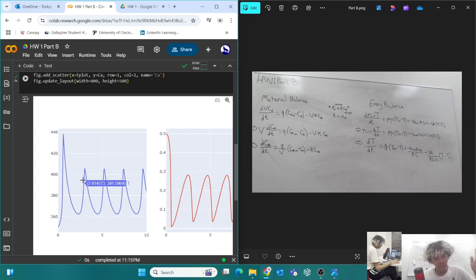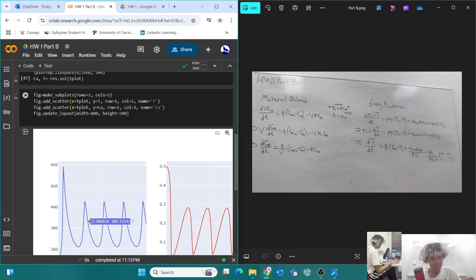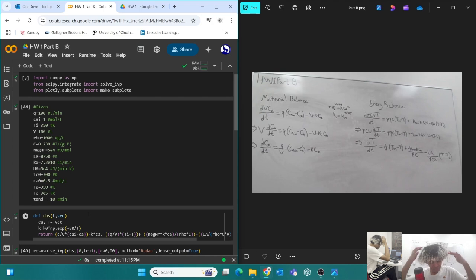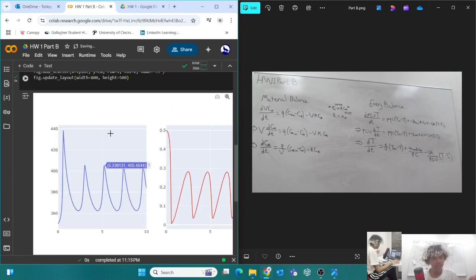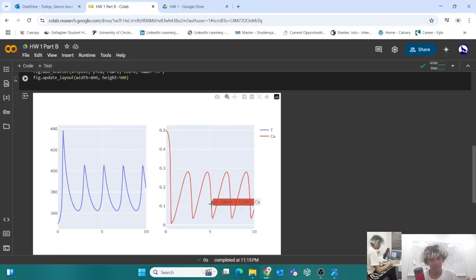So here we are. As we can see, the CSTR concentration and temperature profile, when we increase the cooling temperature from 300 Kelvin to 305, this is what they end up looking like, with this being the temperature profile and this being the concentration profile.